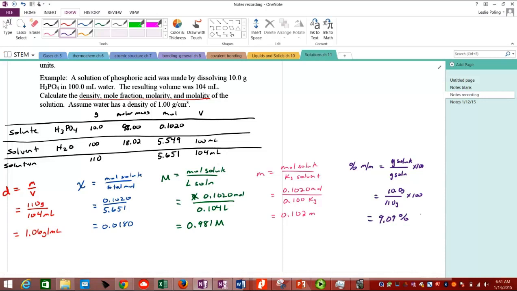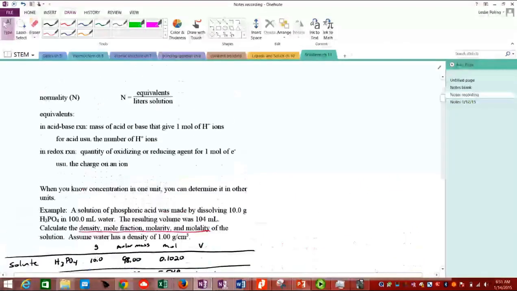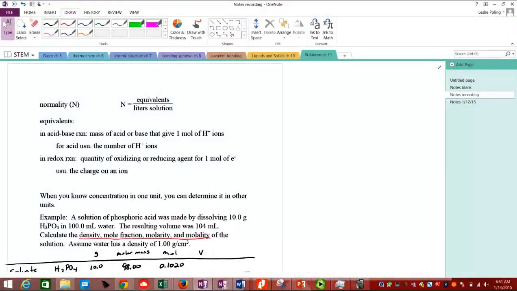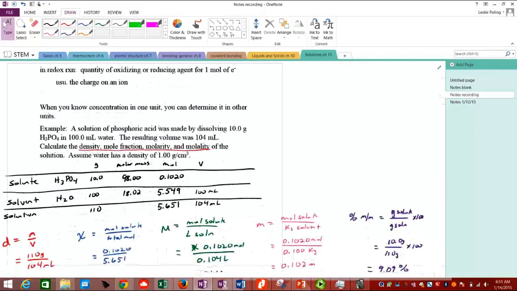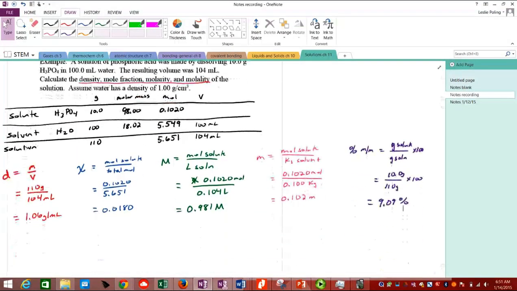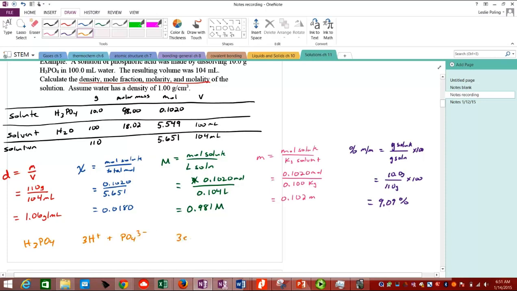And that is everything that we can do solution-wise. We could do normality as well. Let's go ahead and add normality to this. Normality is equivalents per liter of solution. Well, we have H3PO4, so we have 3 H+ and PO4 3-. So we have 3 equivalents per mole.